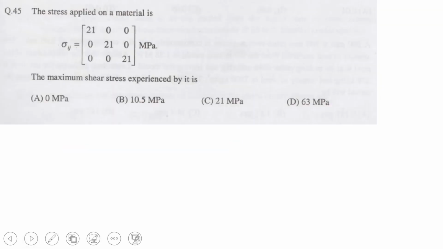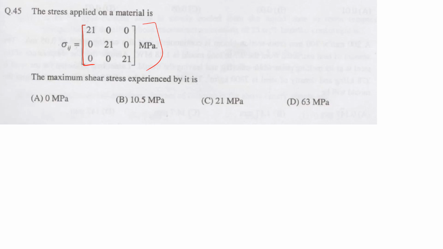The stress applied on a material is given, and the maximum shear stress experienced by it is asked. So this is in the form of a 3 by 3 matrix. It is already given the principal diagonal values, right, and the other values are 0.